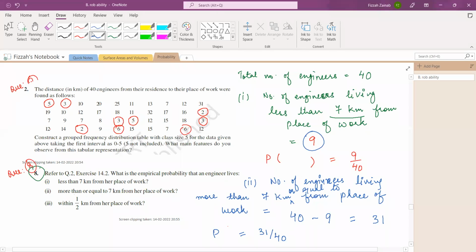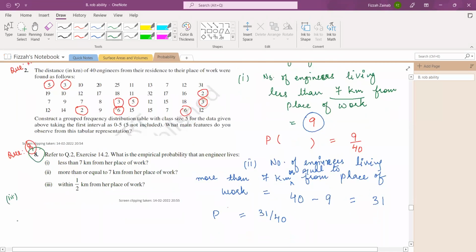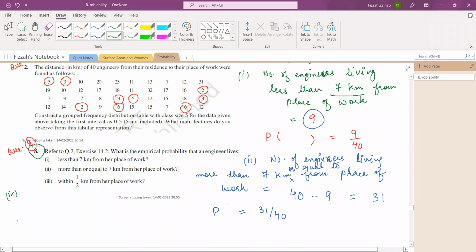Okay. Next, third part. Now, within half kilometer from her place of work. So is there any engineer who is living within half kilometer from the workplace?